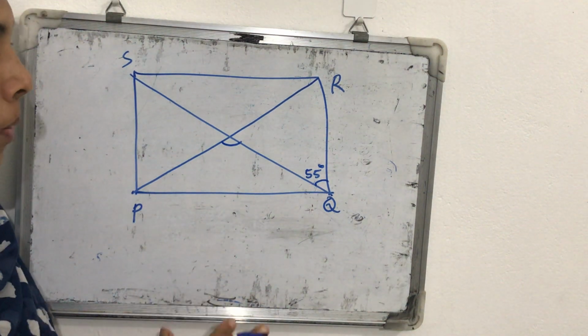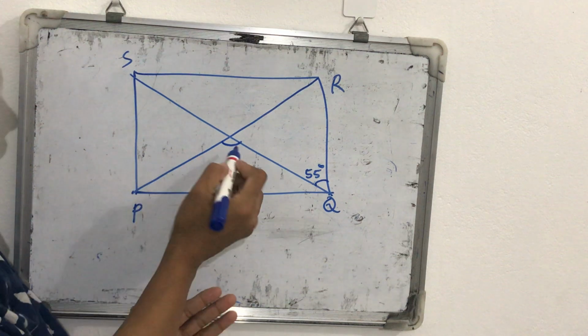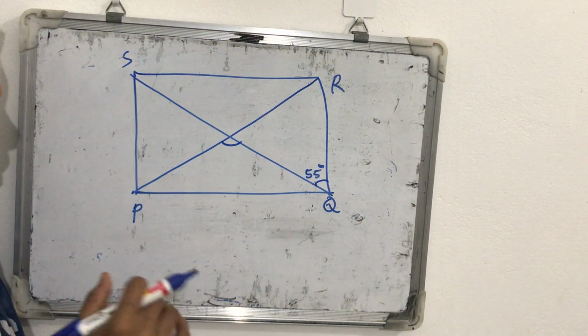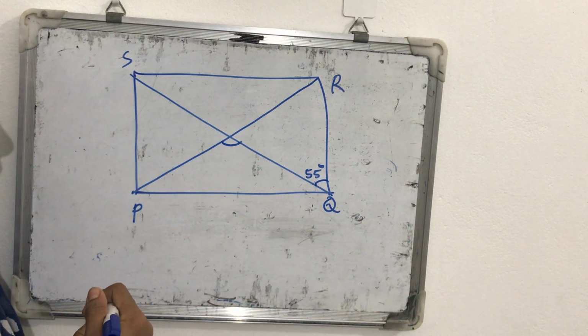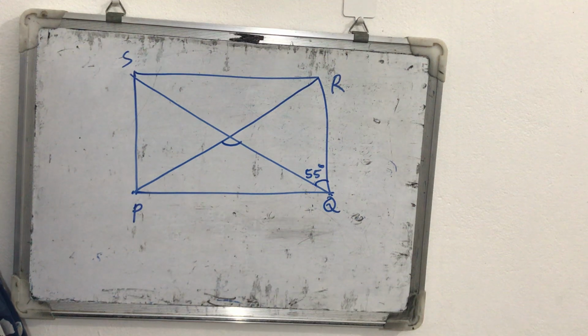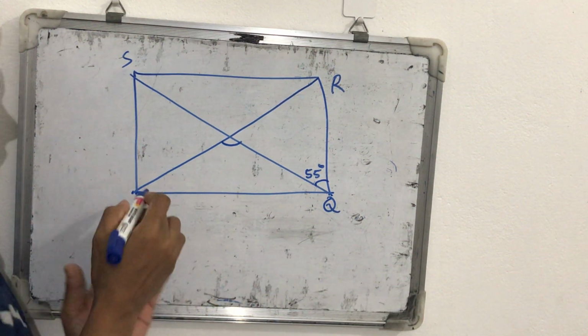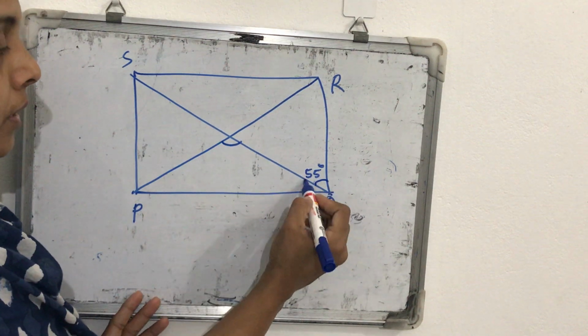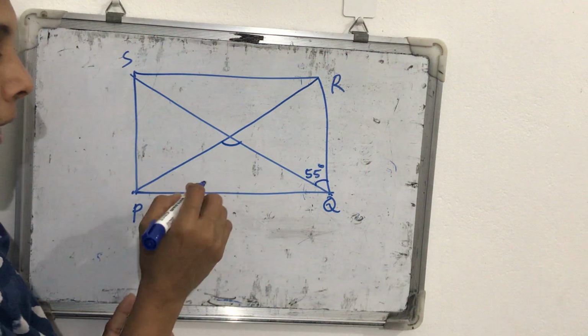So using the properties of rectangles, is there any way to find this angle? Just think about the properties we already learned in the case of a rectangle. What will be each angle of a rectangle? That we know, a right angle, 90 degrees.